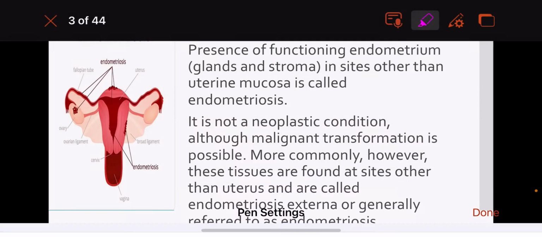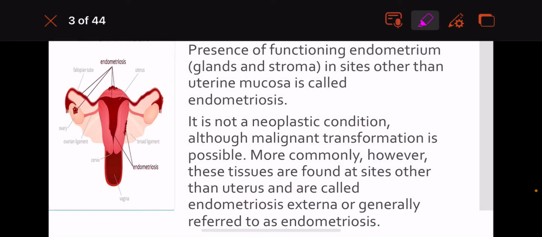It is not a neoplastic condition, although malignant transformation is possible. They are saying it is not a neoplastic, not a cancerous condition, but it can turn out to be malignant. So it can turn out to be cancerous at some times. More commonly, however, these tissues are found at sites other than the uterus and are called endometriosis externa, or generally referred to as endometriosis.